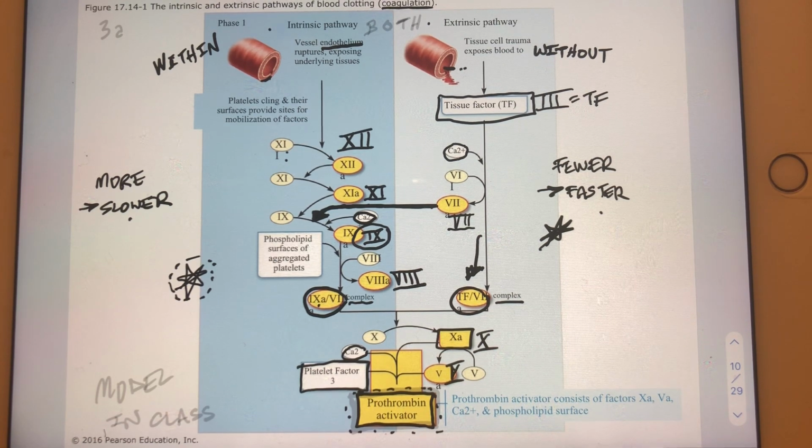Okay? So pretty crazy stuff. And honestly, the only way to get it down is to write it out. However, I personally think there's a cleaner way to write this out, and I'll show you a model in class, okay?